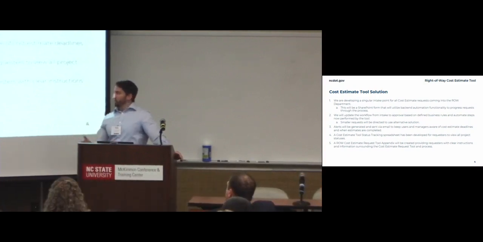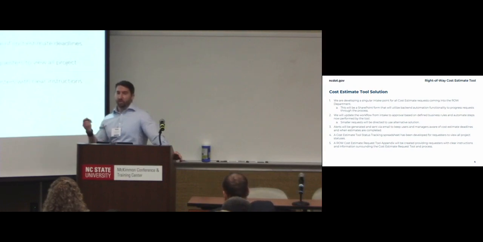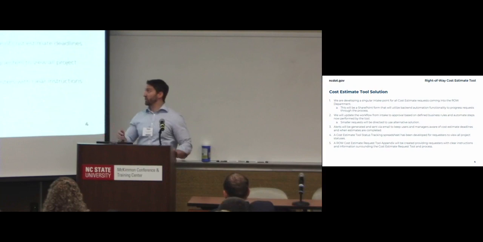Again, eliminating a lot of time inputting data into forms, emailing forms back and forth, and emailing descriptions of what needs to be done. That's all going to be automated and sent in an email. So when the individual in the unit processes that request and sets it up to the next step, it automatically gets sent to the next person.